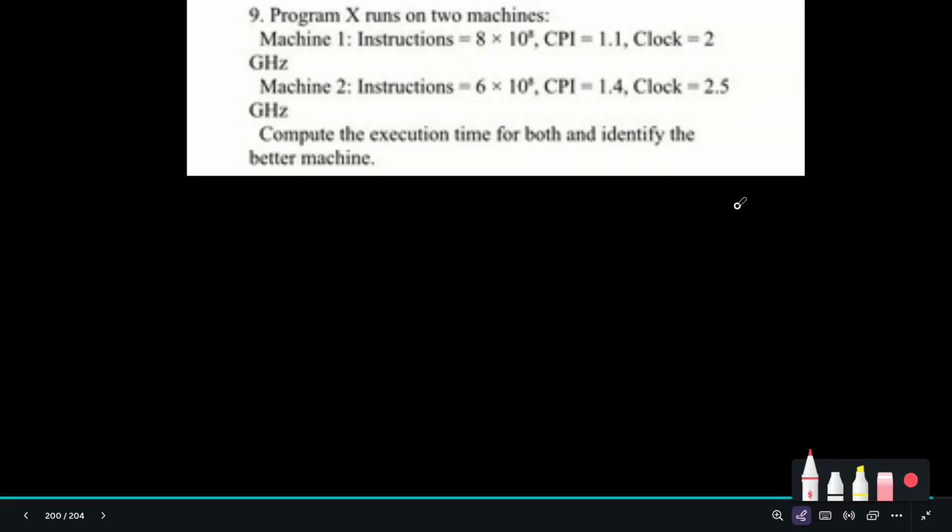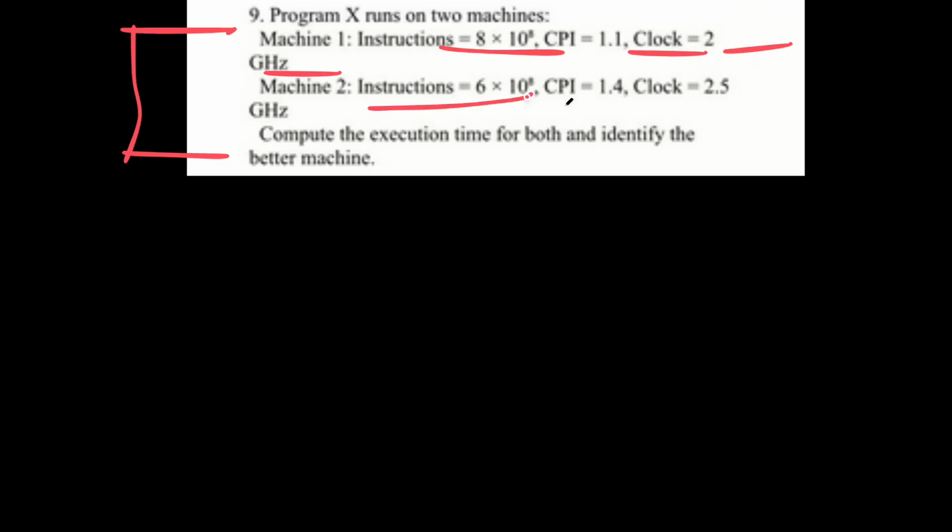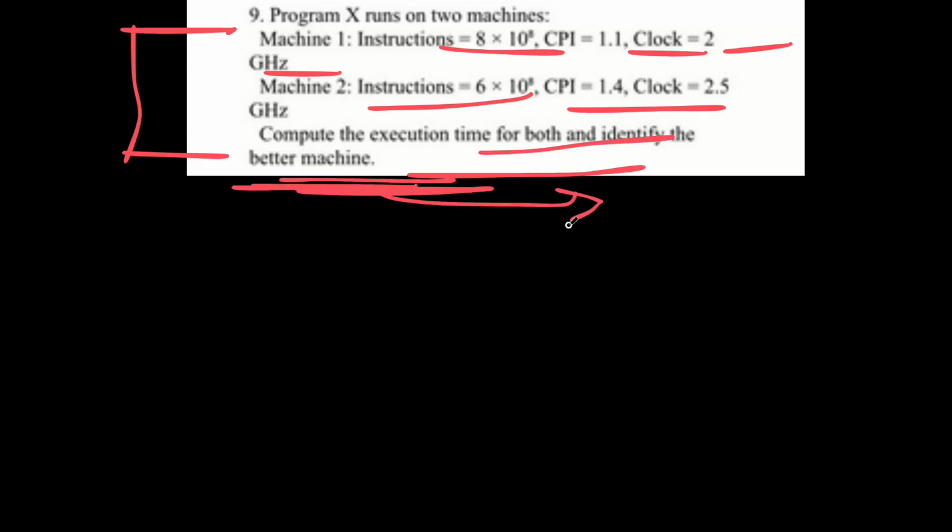Similarly, there is another, same kind of question: program X runs on 2 machines. Machine 1's instruction count, CPI and clock are given, and the clock is also in frequency, so you have to divide for finding the clock time. Again, machine 2's instruction count and CPI are given. Which would be the better machine? The one with lesser execution time would be faster, so that would be the better machine.